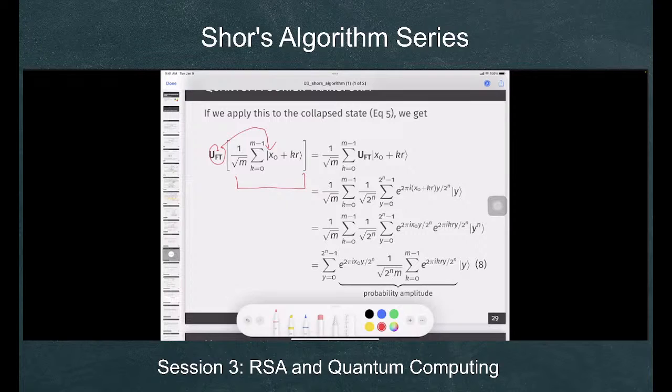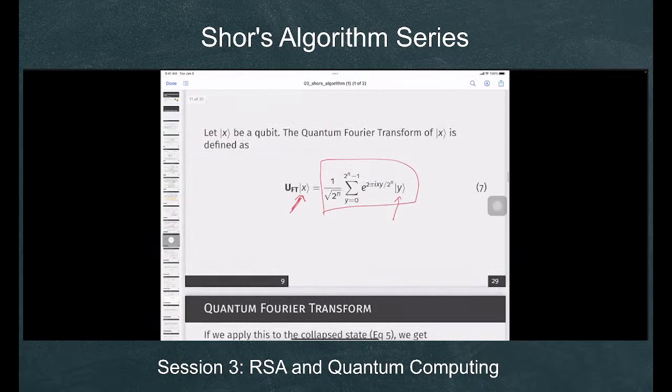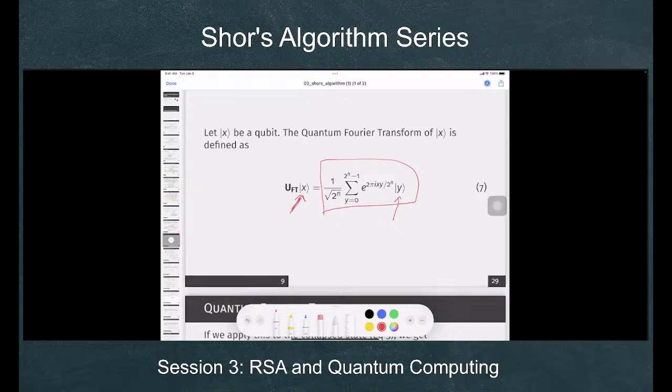Now that we have that, we can focus on this one, which is applying this to the value x0 plus kr. Let us go back here and take a look. The quantum Fourier transform will give you x times y, where y is the value of your qubit now.